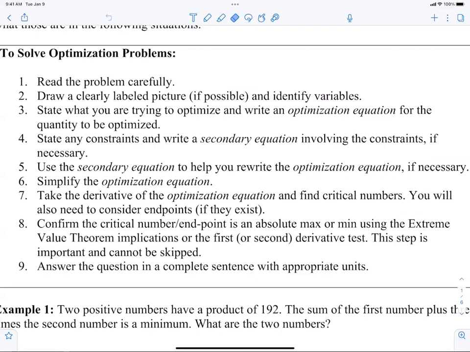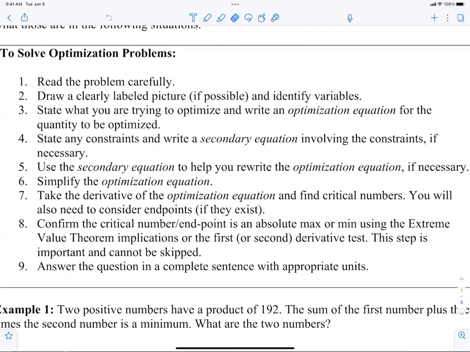So when extreme value theorem applies, you can use its implications in order to then consider endpoints, consider critical values on the closed interval, and see what gives you the largest function value or the smallest function value, whatever it is that you're looking for. That ends up being your justification.